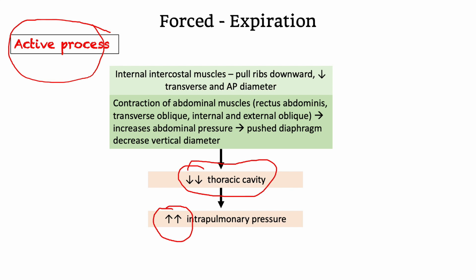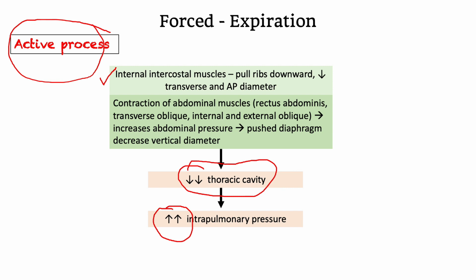Is again by the contraction of accessory muscles of expiration. So here we have the internal intercostal muscle. So this muscle will pull the ribs downward, and this will lead to decrease in the transverse and also the anteroposterior diameter.